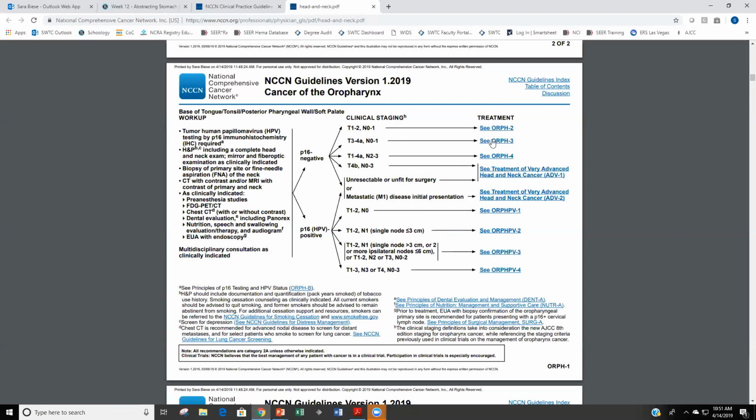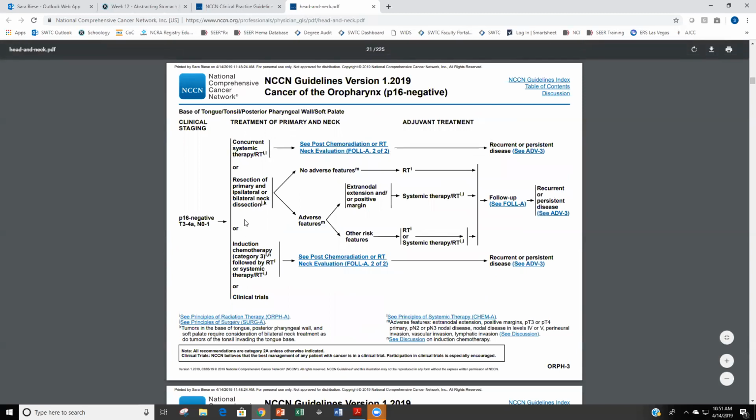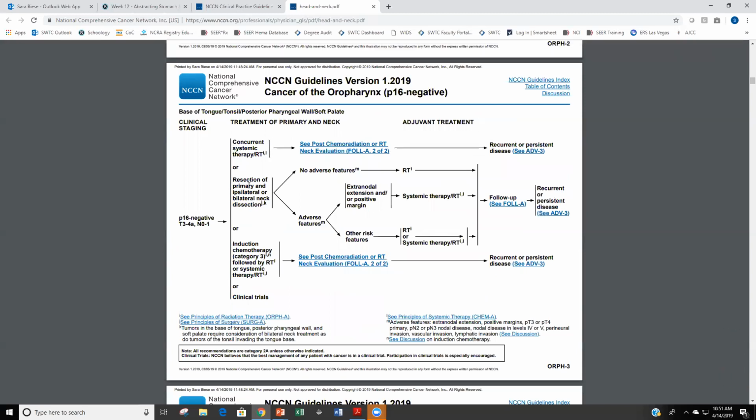So once you know the clinical stage, you would click on it, and it's going to give you your treatment options. And for all these different stages, it breaks out into no adverse features and adverse features. At the bottom of the page, there's a footnote that describes what an adverse feature is. So that's how you know which one it would be.